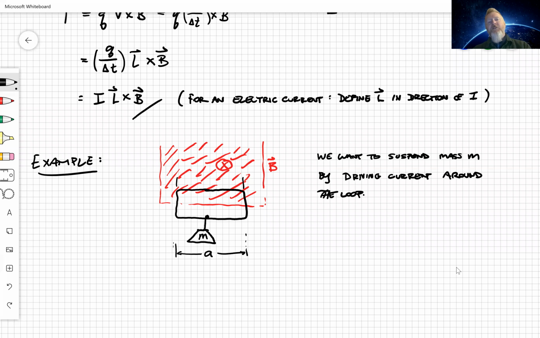Why do I want to do that? Well, take a look. A current in a magnetic field will cause a force. So the first question is, which direction should the current be going? And the second question is, how big should the current be?